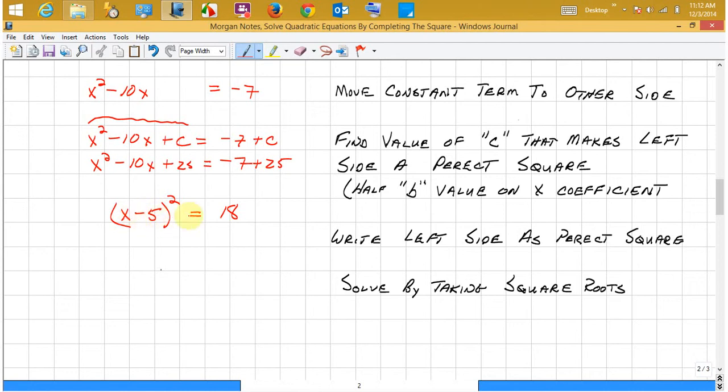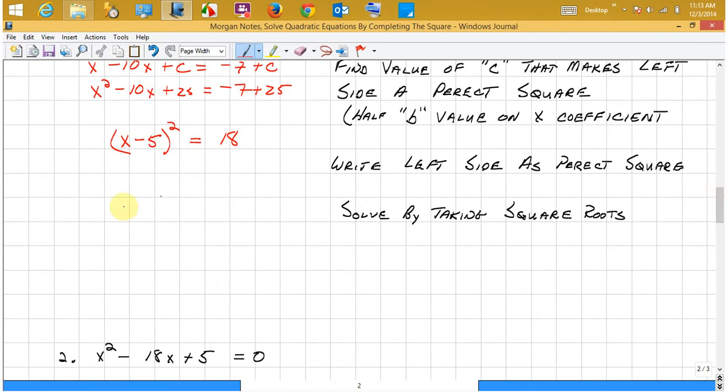Now we can solve this by taking the square root of both sides, and that's what I'm going to do. So I'm going to take the square root of x minus 5, and when I take the square root, I create a plus or minus on the other side. Taking the square root of anything squared just pops those values out.